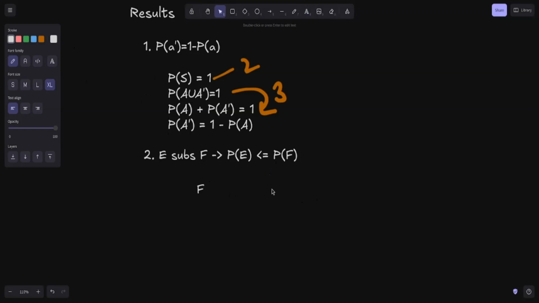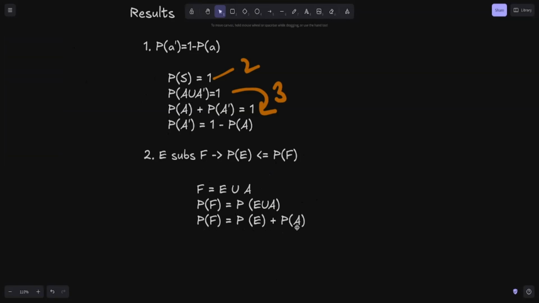Let's say F is equal to E union A. Consider P of F is equal to P of E union A, which is P of E plus P of A. So you can clearly see P of A can't be negative here, right? So basically P of E will always be less than or equal to P of F. That's a very interesting result.